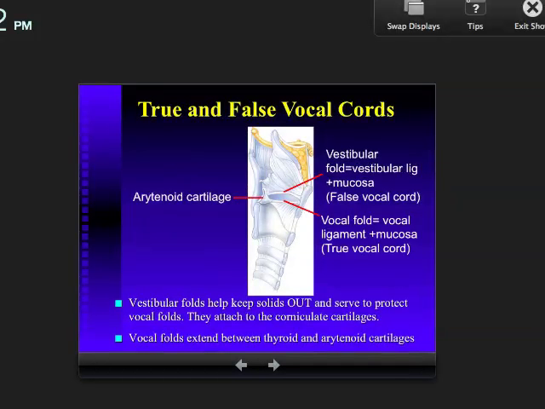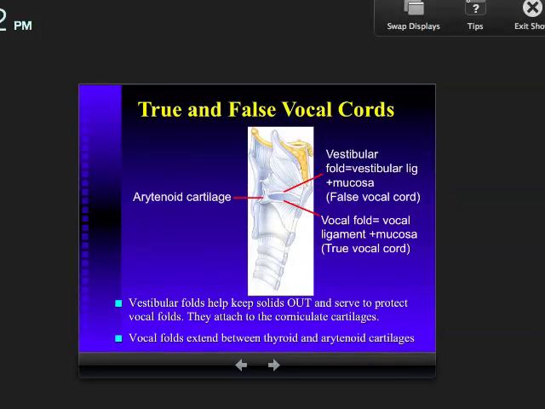The upper ones, the vestibular folds, are really just there to protect the more inferior true vocal cords, or vocal folds. The vestibular folds are attached to the corniculate cartilages, and the true vocal folds are attached to the arytenoid cartilages, which are inferior.